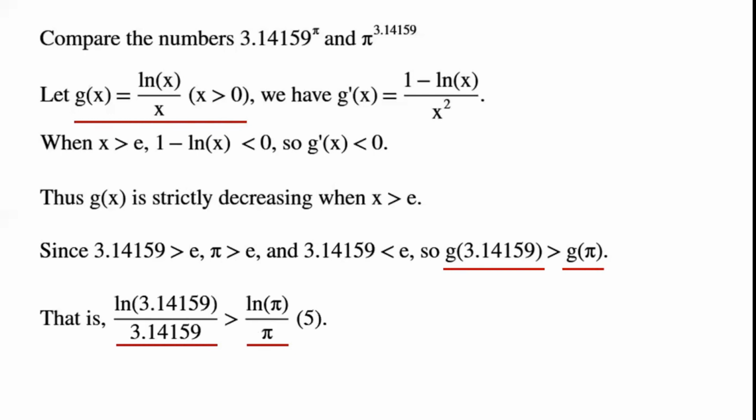That is ln of 3.14159 over 3.14159 is greater than ln pi over pi.